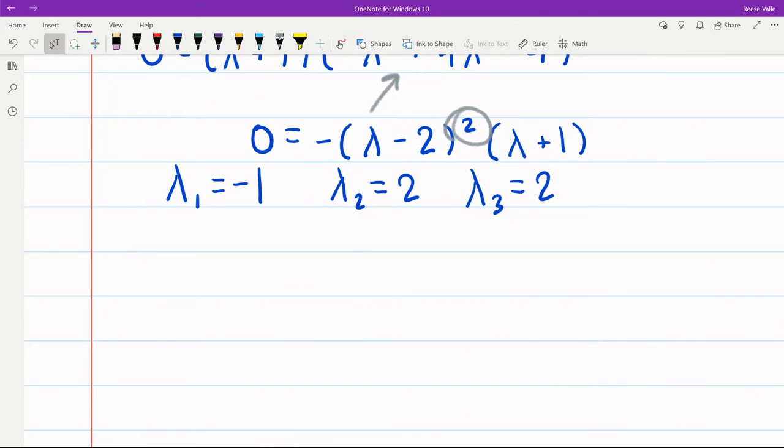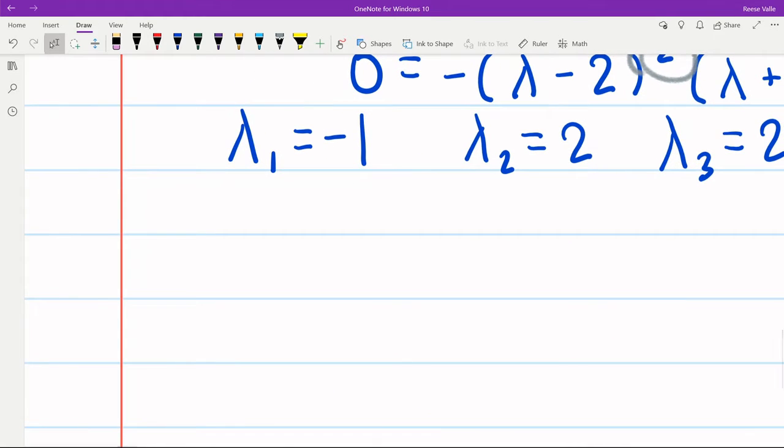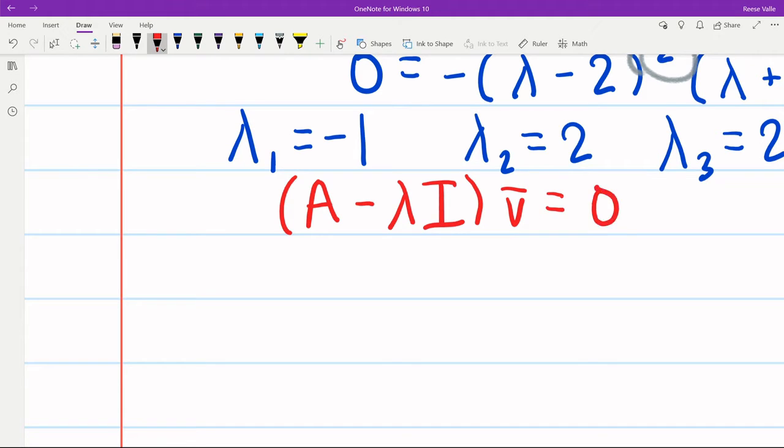Alright, so from right here, you're going to use this equation from your notes, the A matrix minus lambda times the I matrix times the V vector equals the 0 vector.